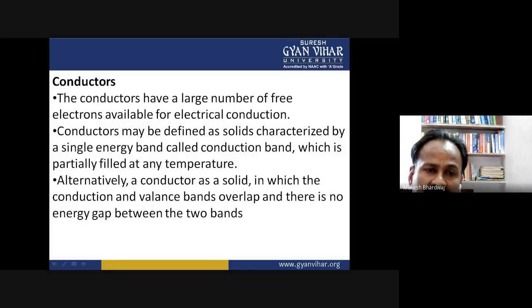And we know that electrons, and especially free electrons, play a vital role in electrical conduction. So conductors have an abundant number of free electrons, and due to that the conduction band and the valence band overlap each other.